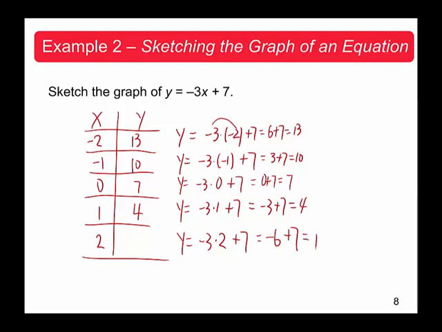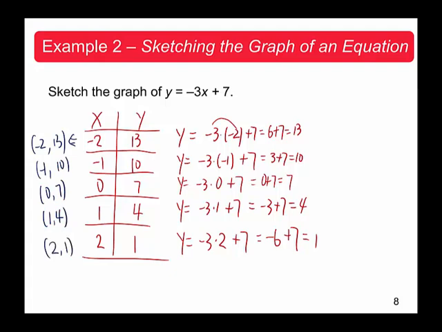And we basically come up with the 5 ordered pairs, and the next step we just have to plot those ordered pairs in the Cartesian system and come up with the graph. So we basically translated each one into ordered pairs: (-2, 13) first ordered pair, (-1, 10) second ordered pair, (0, 7) third ordered pair, (1, 4) fourth ordered pair, and (2, 1).